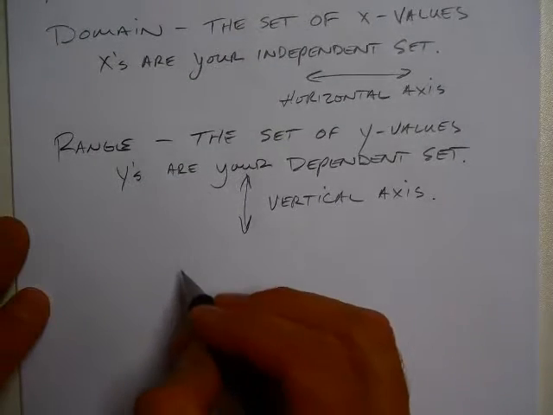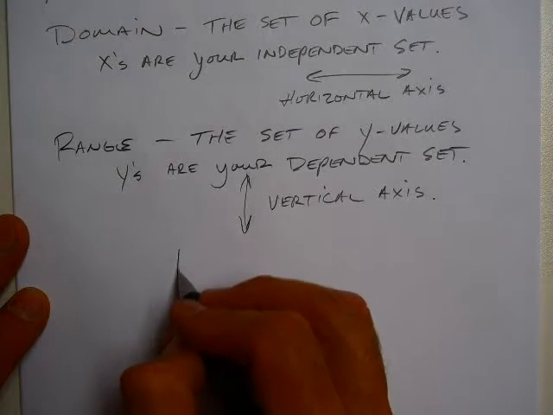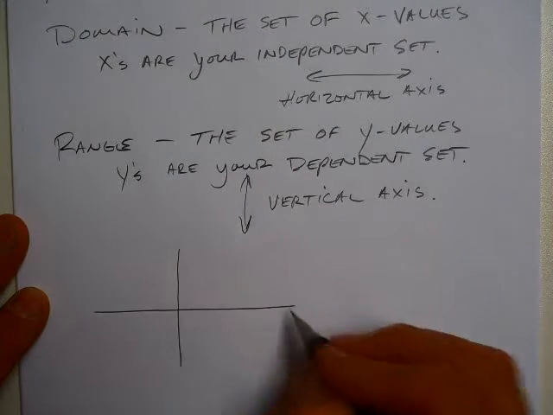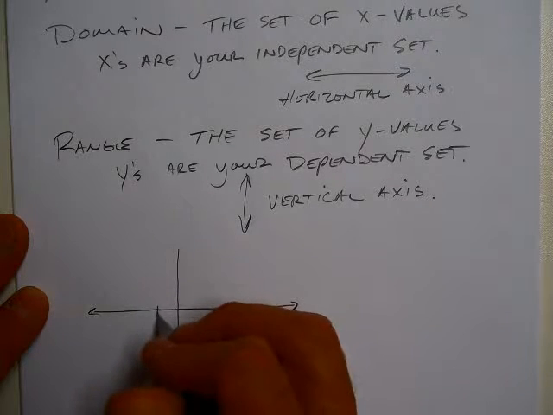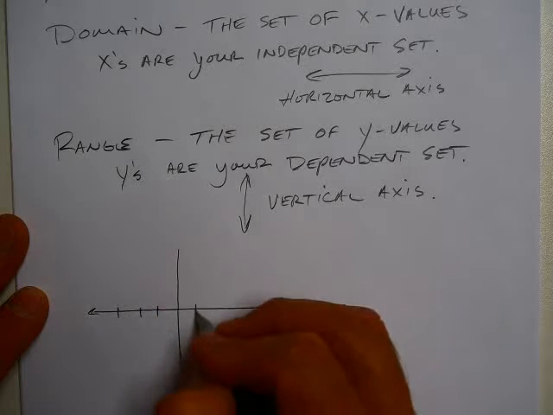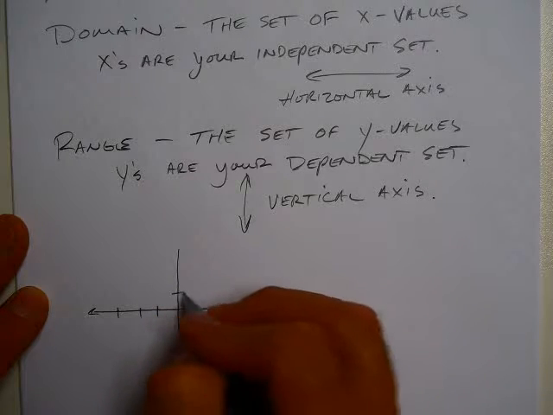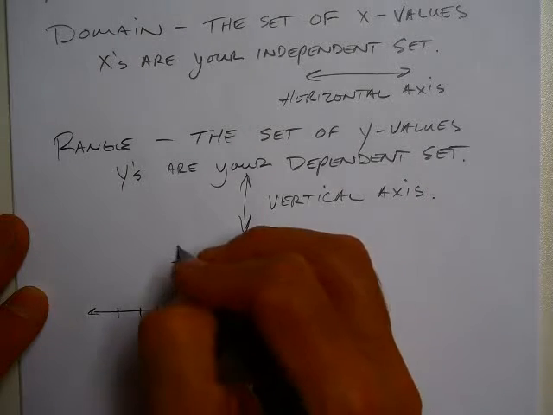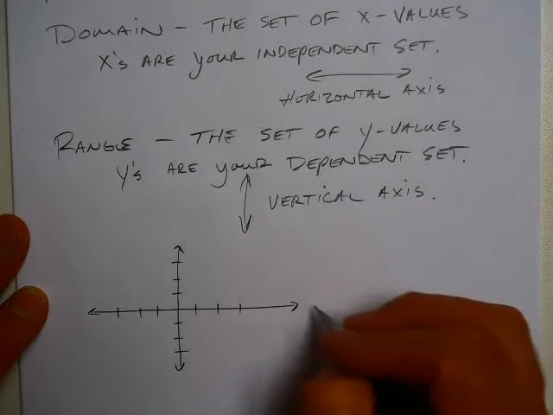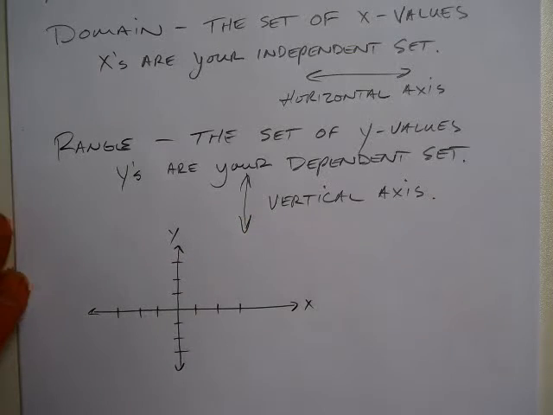If I gave you a graph, just a real simple graph, we'll go 3 in each direction. So here's my x and here's my y.